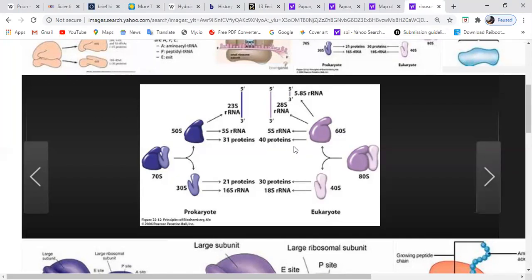Whereas the 60S subunit is made up of some 40 proteins and three different types of rRNA. So instead of 23S here, it is made up of 28S rRNA, 5.8S and 5S rRNA. So these two are the same, but the difference is in the other rRNA, and some additional proteins are present, so it makes a heavier subunit, 60S instead of 50S.